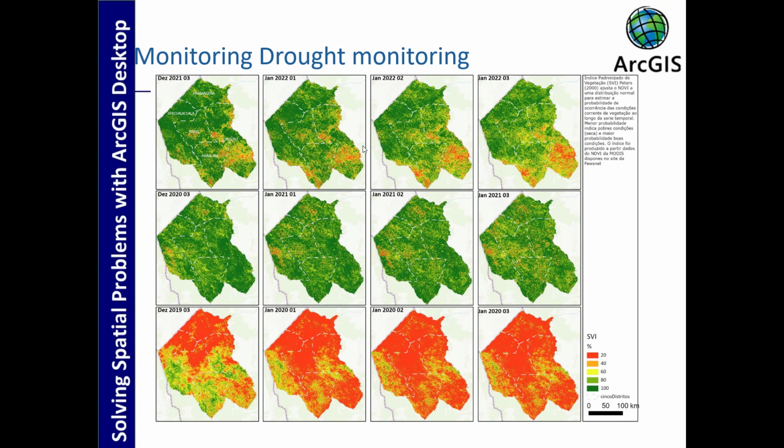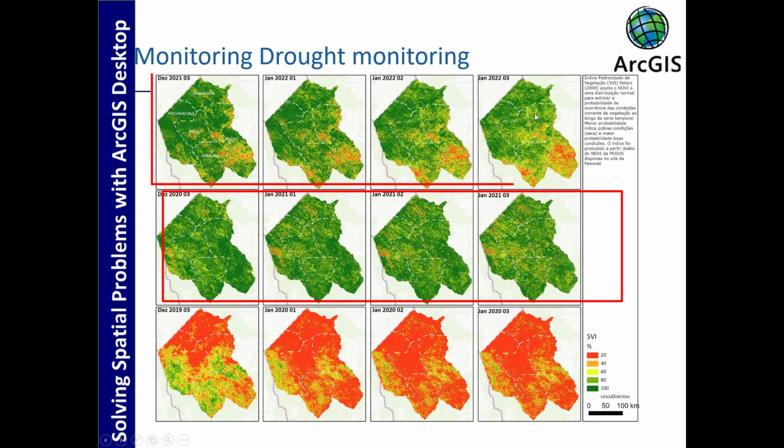With this kind of image, you can even select a small area. It's not the scope of this course, of this presentation, to explain how this image was produced. But what we see, they present the drought. So I first took the 4 decades where we expect the vegetation to be in very healthy condition. So we have the last 10 days of December and all of January for 2020, 2021, and 2022.